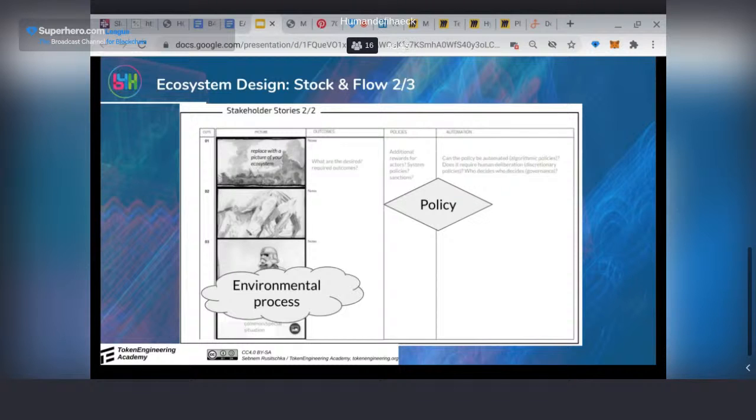So you represent that policy with a rhombus. And then environmental processes that represent eventualities that could somehow impact your system, even if they don't belong to your system itself.